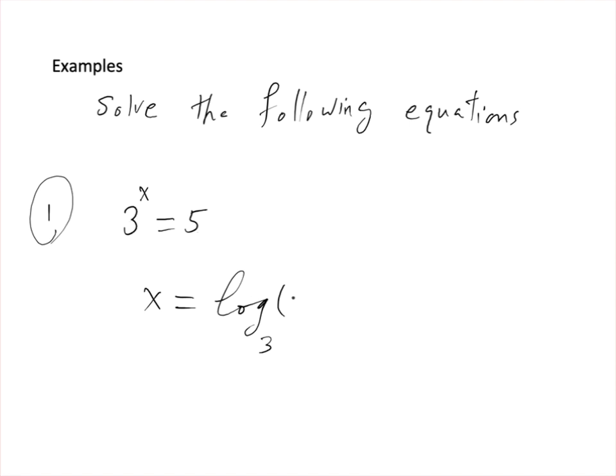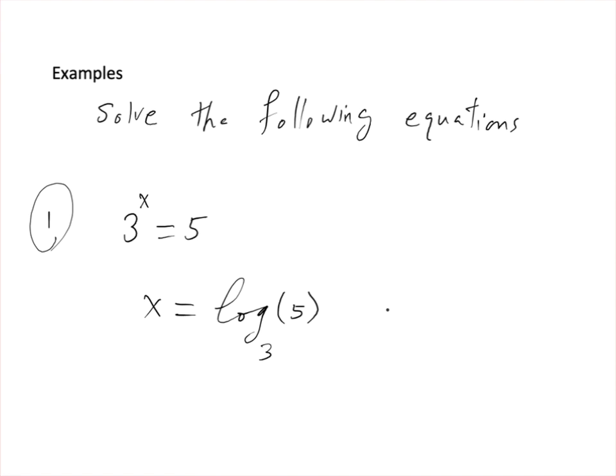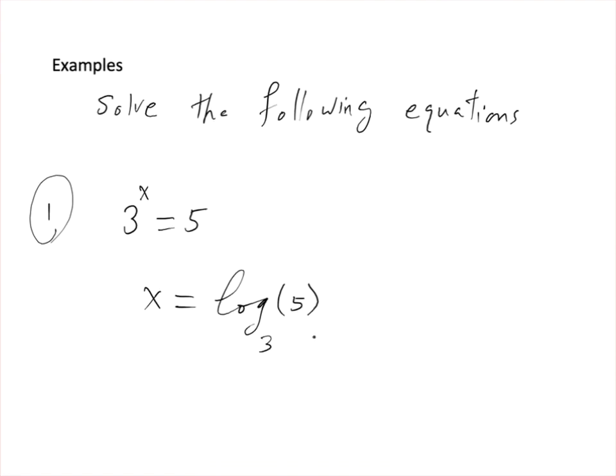That becomes the input for the corresponding logarithmic function. So x is log 5 in base 3. We can also write it as a ratio of two natural logs by using the change of base formula above. So x equals ln of 5 divided by ln of 3. We can use common log as well.